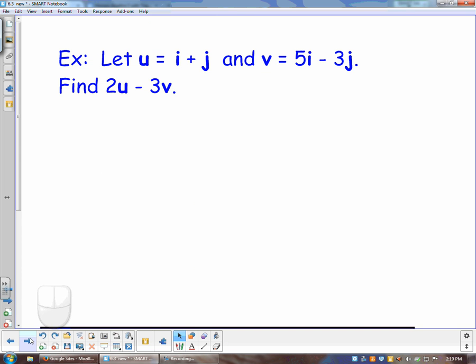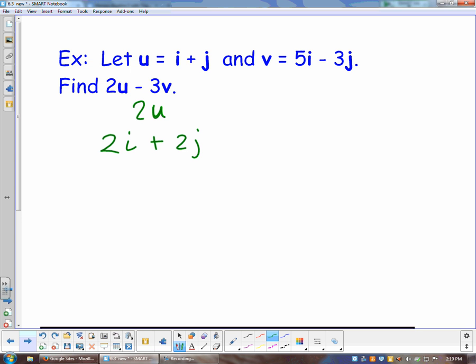All right, and here's another example. If we let vector u be I plus j and vector v be 5i minus 3j, what would 2u minus 3v be? Well, I think you get the idea that we could take 2 times vector I plus j, so that's 2i plus 2j. This is going to be my vector 2u, right?